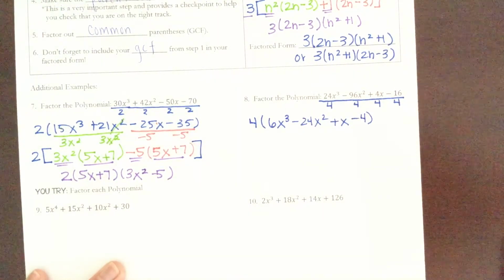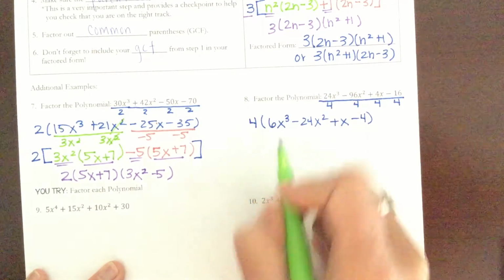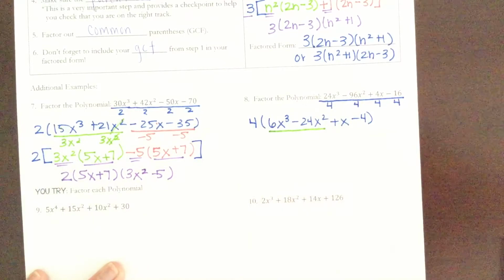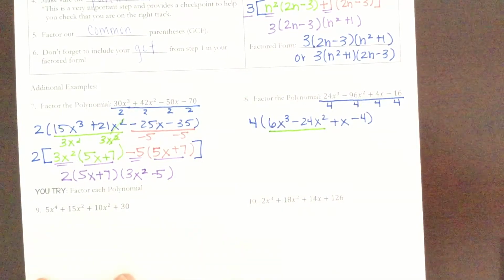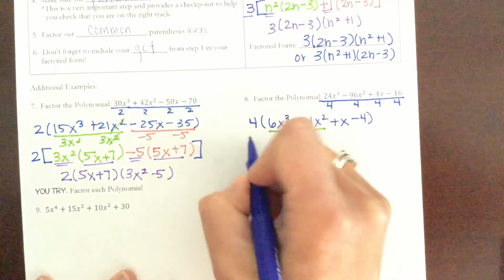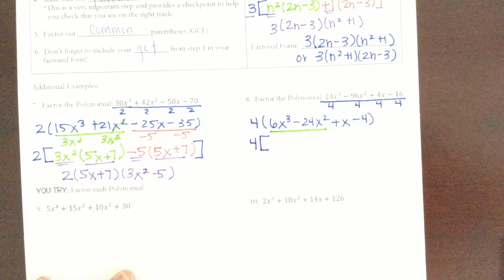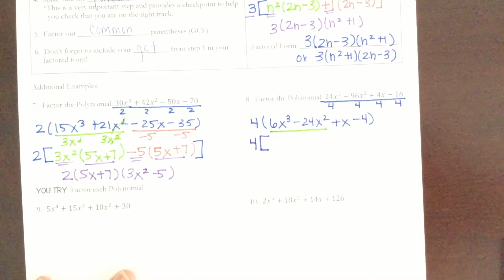Now that we've taken out the greatest common factor, we have 4 terms left over, meaning we want to group the first 2 terms and take out their greatest common factor. So we'll write down the original 4. Again, I introduce a new grouping symbol to separate the GCF from the grouping I'm working on.